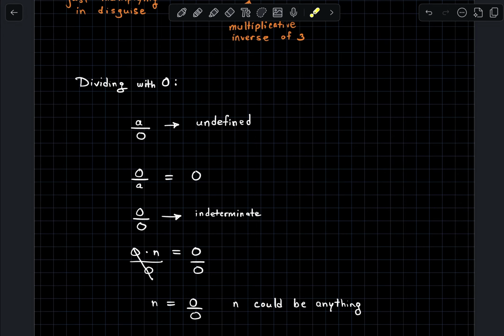So, as we know, we can't just divide a number by 0. It doesn't have a meaning in the sense that we're used to. So if you had something like a over 0, we call this undefined. On the other hand, if you're dividing 0 by a number, in which case, right, a here is given to be not 0, it's any other number, -1, 346, whatever it is, it's not 0 in this case.